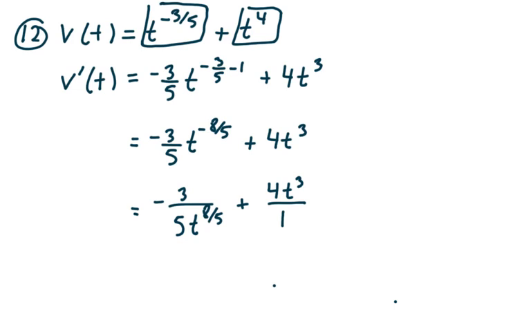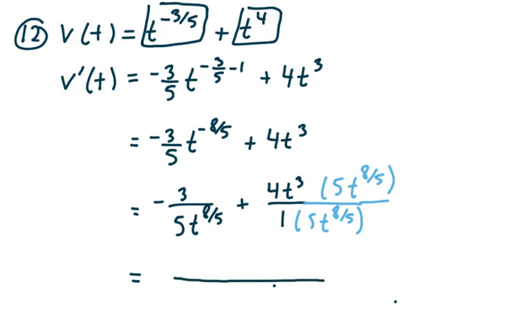And so here, I'm going to multiply the numerator and denominator by 5t to the 8/5. And when I do, I get, in the denominator, 5t to the 8/5.